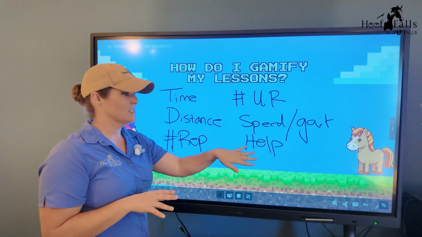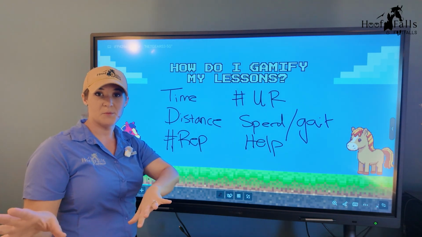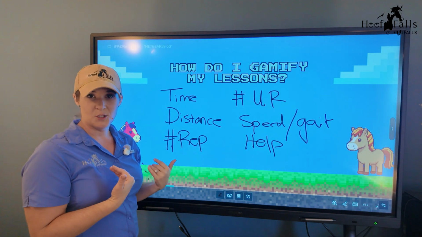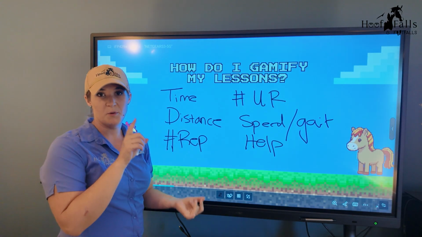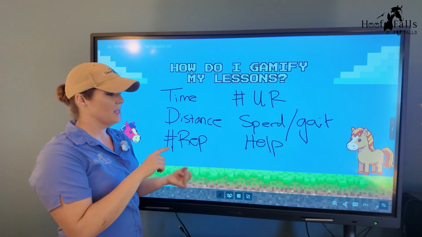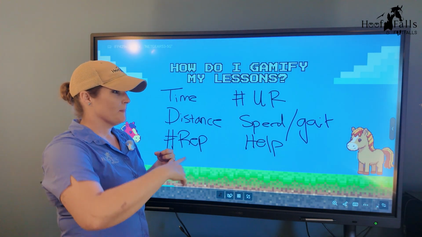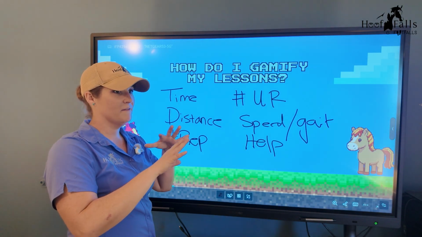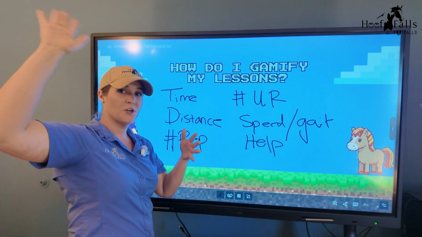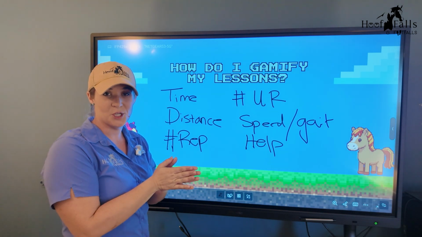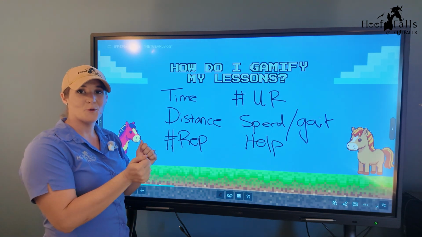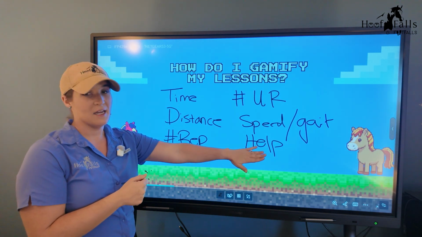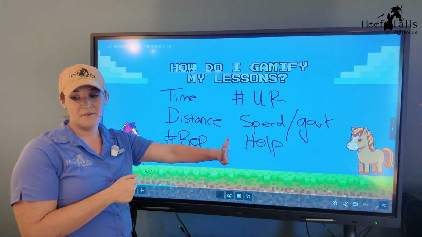If you're teaching a group lesson, that could be help from their volunteer support team. It could be help from the instructor, and that could be a verbal prompt. It could be a physical prompt as in touching them, or even a physical or visual prompt from the instructor signaling them to cue them, and it's more of a visual reminder. That can also fall under that category of help.